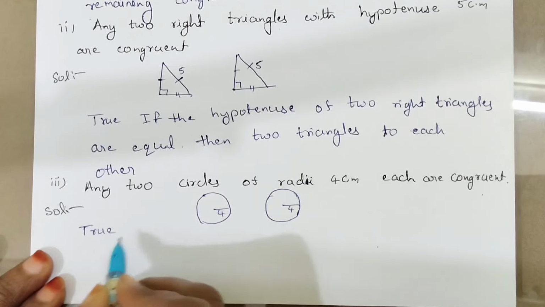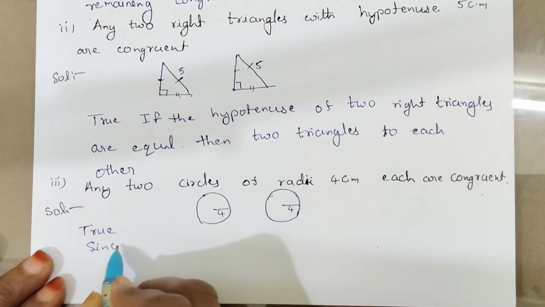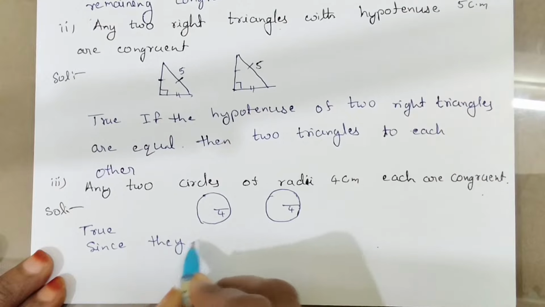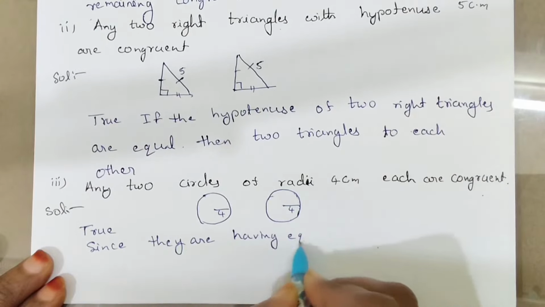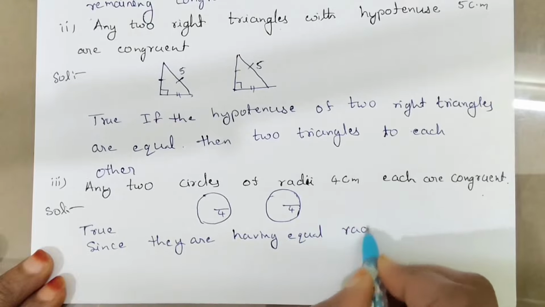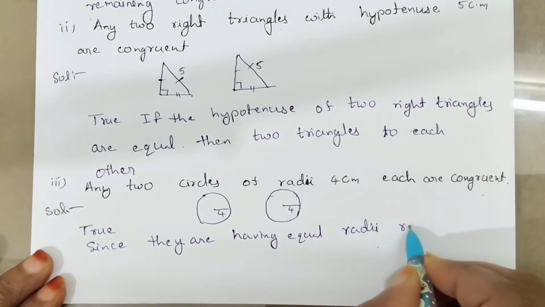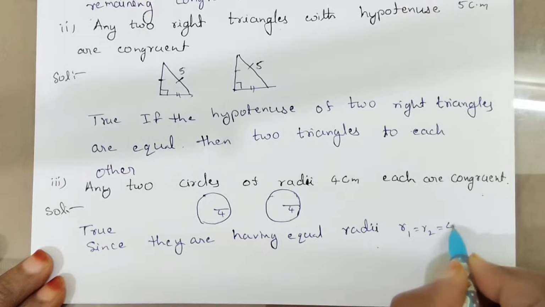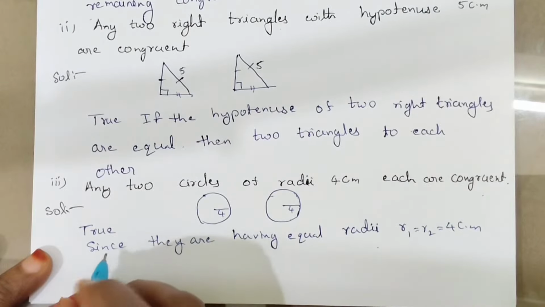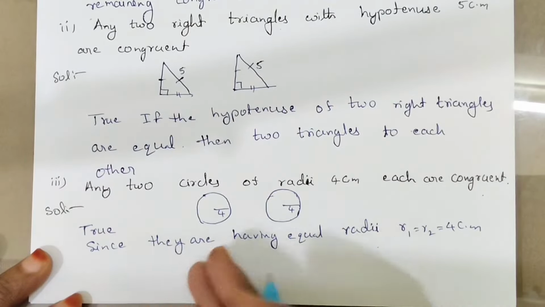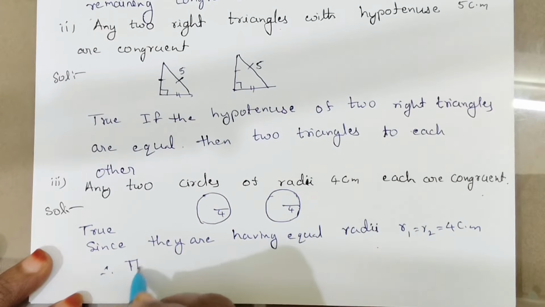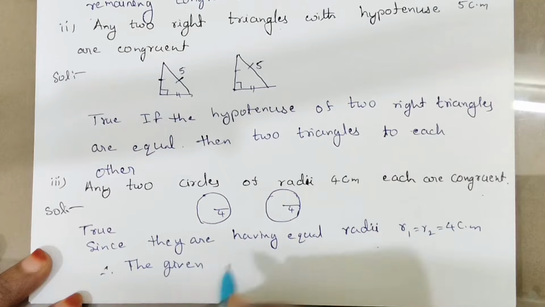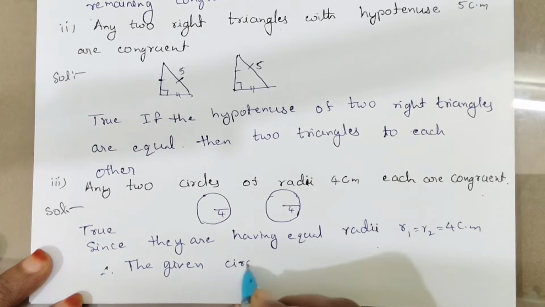So true, since they have equal radius, R1 equal to R2 equal to 4 centimeters. Given circles are the same size and shape. Therefore the given circles are congruent.